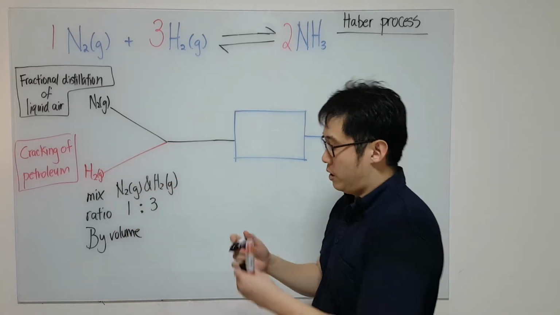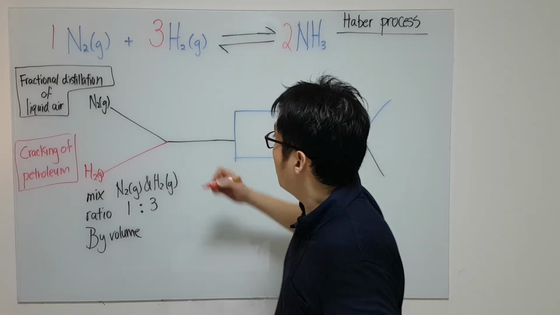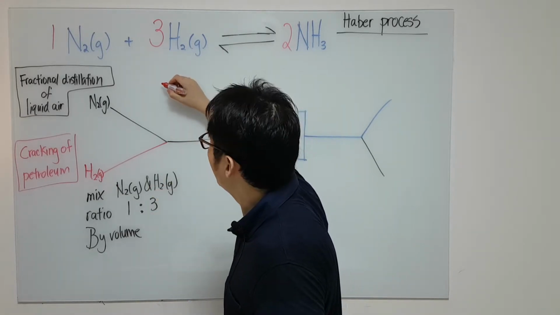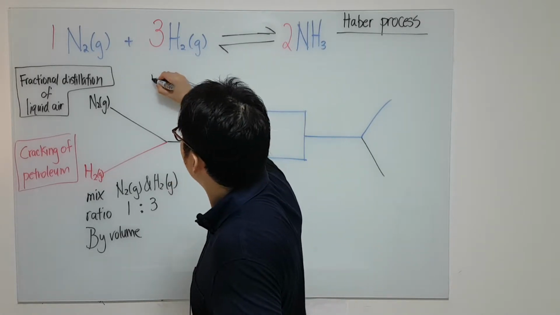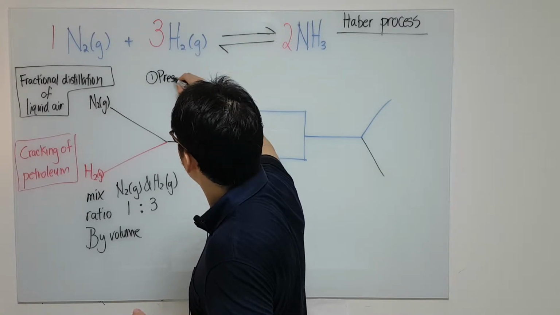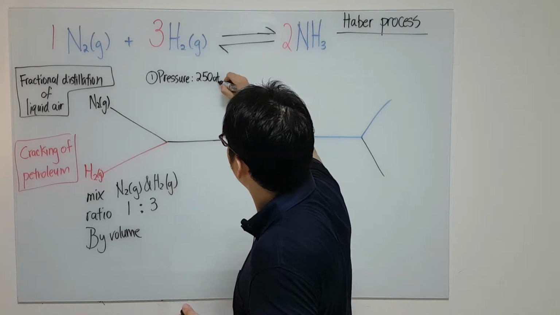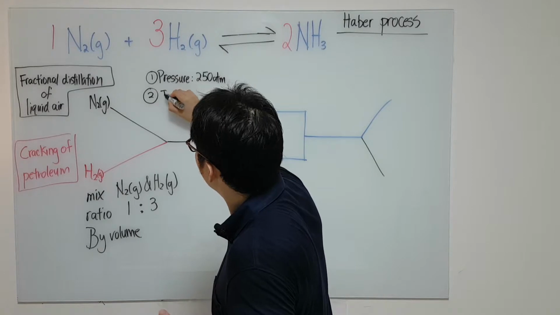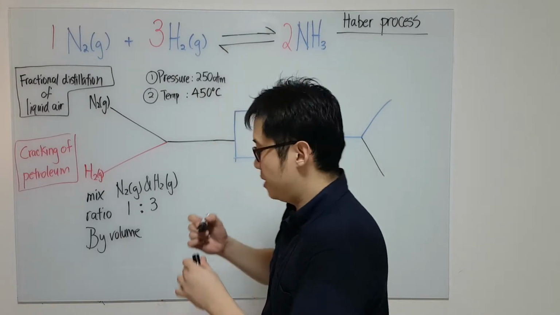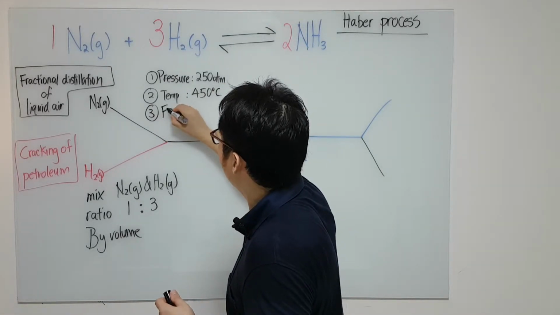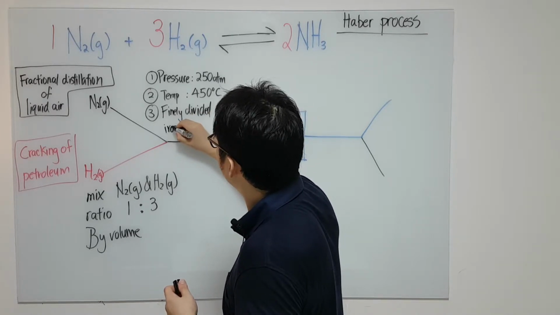You mix them, and you pass them through a chamber with, remember the conditions, number 1, a pressure of 250 atm, temperature 450 degrees Celsius, and last but not least, you will also need your finely divided iron catalyst.